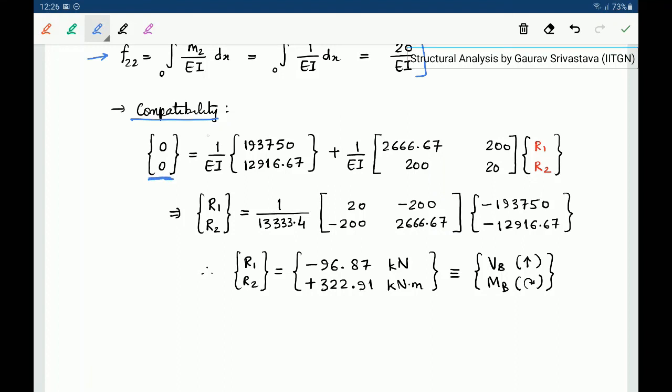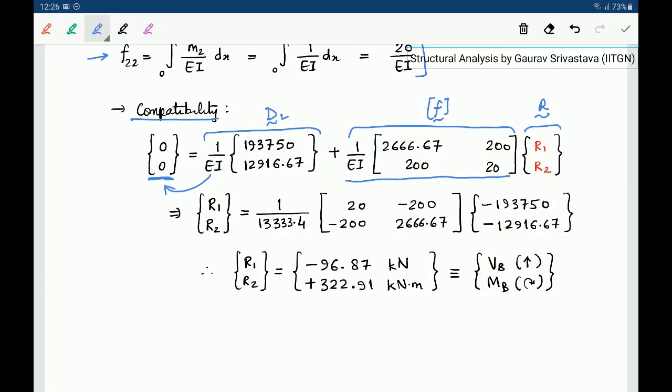Now this one is the dL vector, right? This is the displacement due to the applied loads. This is the flexibility matrix, and this is the R vector, which is the unknown. Now for this R, we take this to the other side and then invert this F matrix to find it.